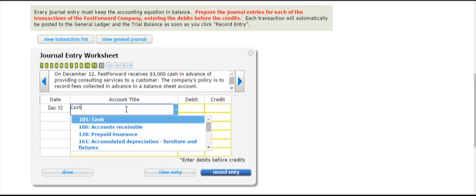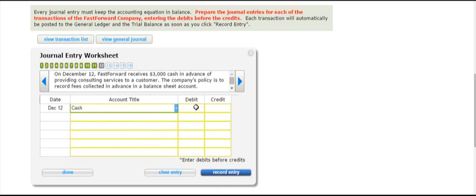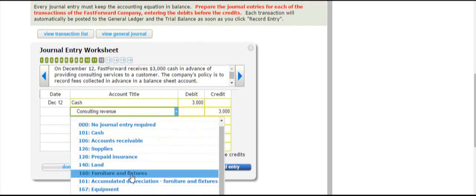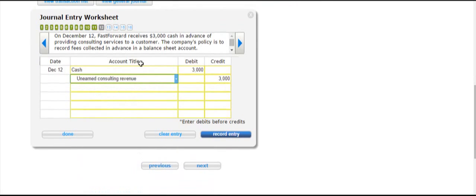Receives cash of 3,000. That would be consulting revenue. But is it? It's unearned consulting revenue because they haven't earned it yet. It's collected in advance.